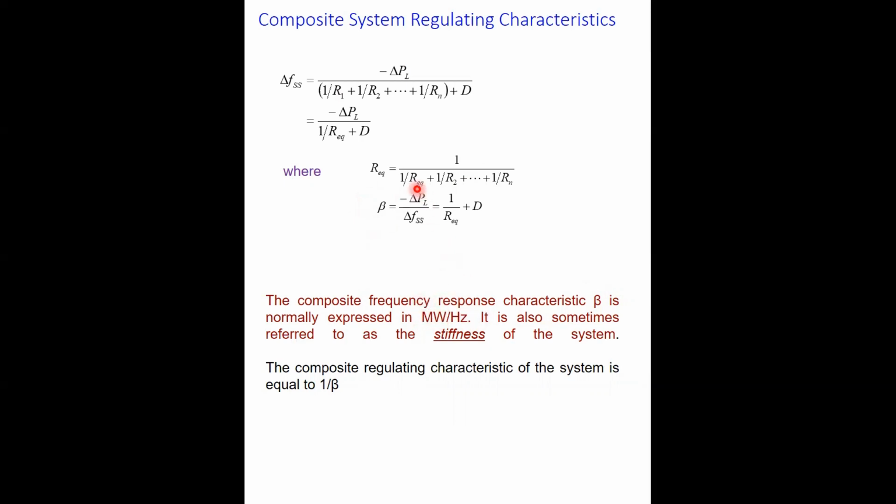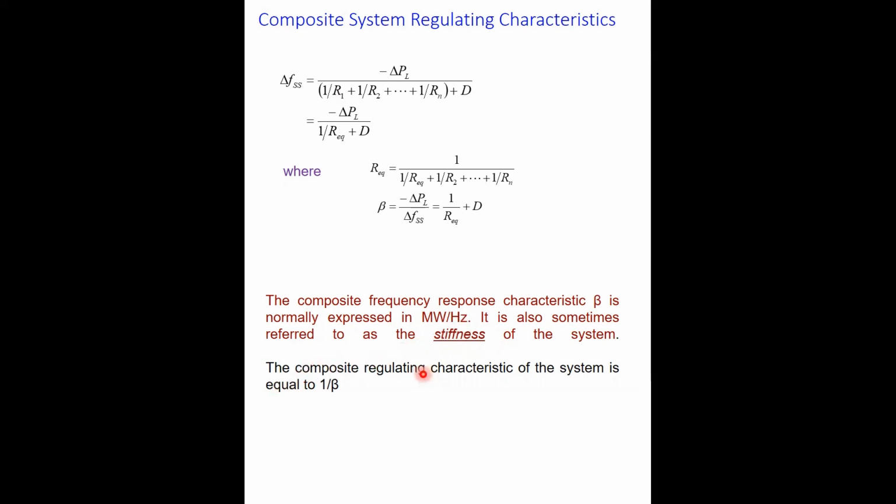So thus what is delta P and the frequency. So this is ratio of megawatt to hertz. And this sometimes also referred to as stiffness of the system, how strong the system is with the change in the power and frequency here.